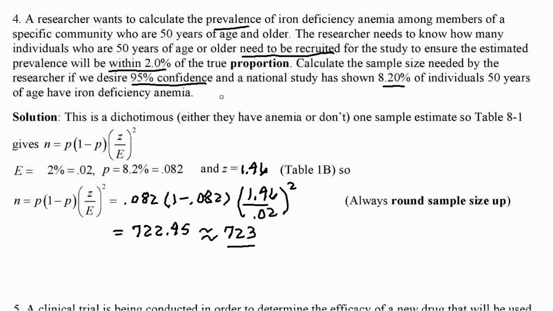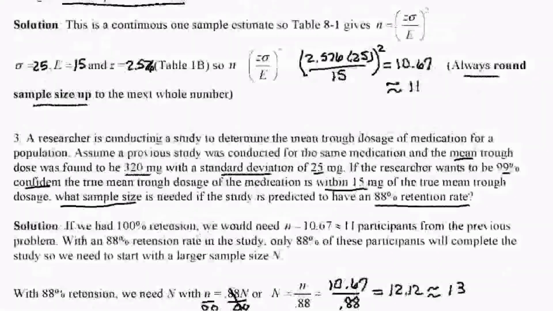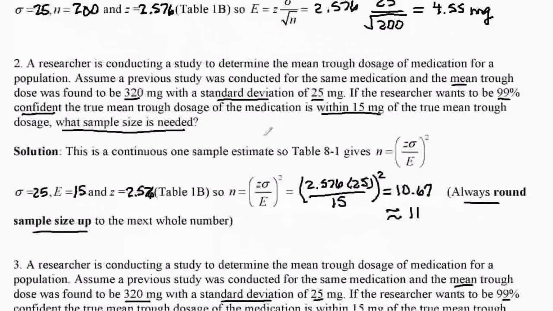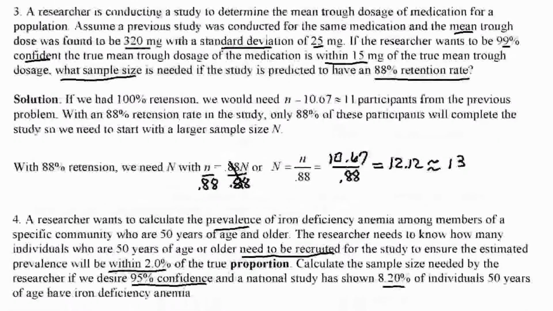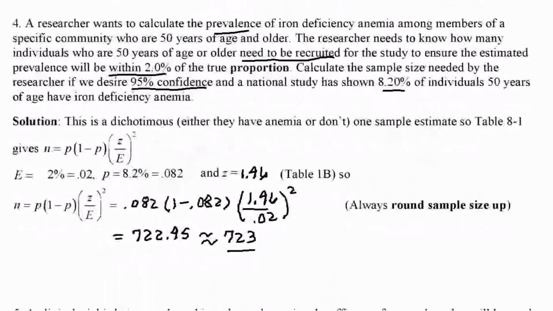Some of the clues here is that they're estimating prevalence within 2%, so you're estimating. It involves confidence intervals. And that was true in some of the previous problems here too. They actually told us here we want to be 99% confident that we're within 15 milligrams, so we're doing estimating. Okay, it didn't say hypothesis test. So I just wanted to make you aware of why I was picking things in the first column.